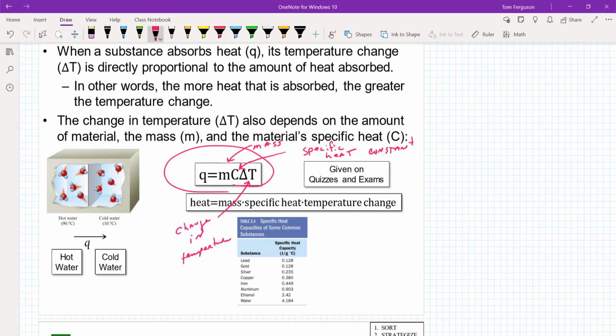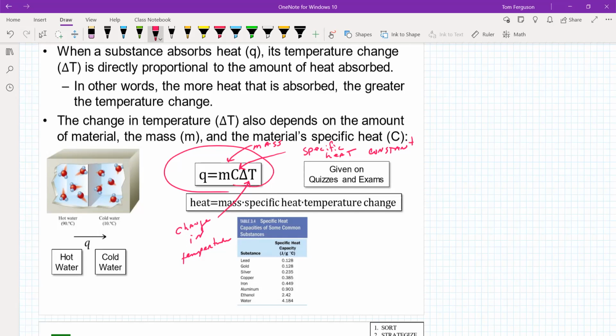And as you can see here, it varies a lot. You'd think iron would have a lot of heat capacity. It doesn't keep it for very long, where water has a lot. And there's a way to change that heat capacity also.